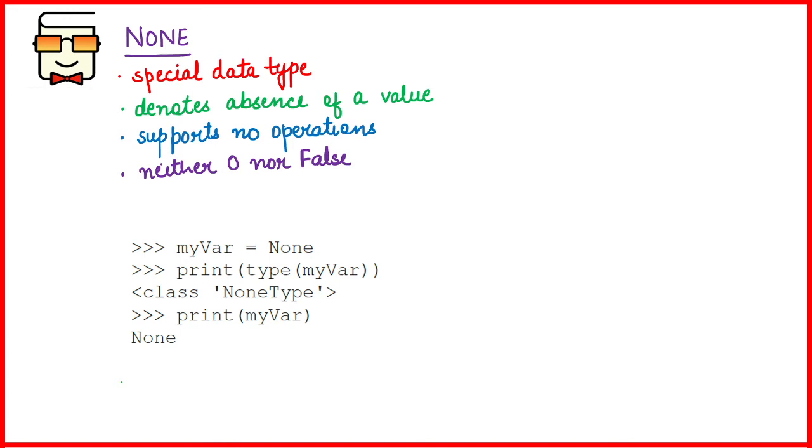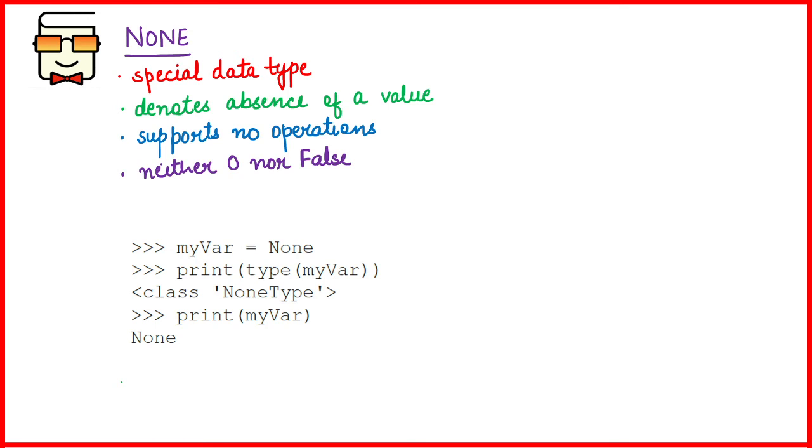Okay, now coming to the second last type of data, which is the none type. As you can understand from the name itself, none means nothing, and nothing means the absence of a value.